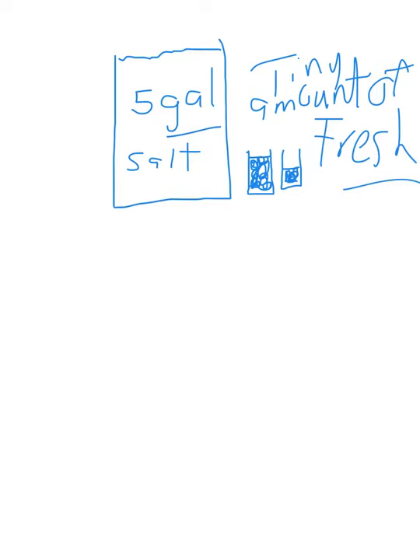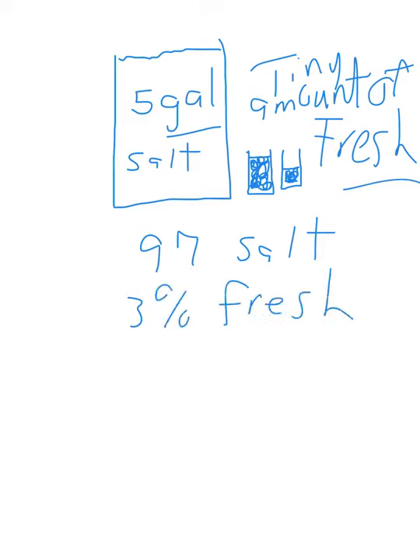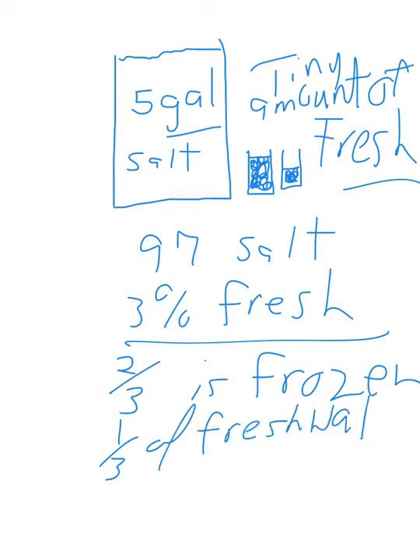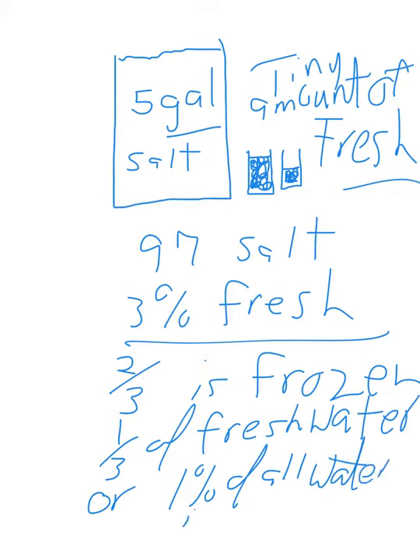And as we have learned, 97% is salt water, 3% is fresh, and of the fresh water, 2/3 is frozen, and only 1/3 of the fresh water, or 1% of all water, is usable.